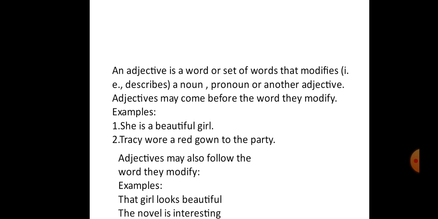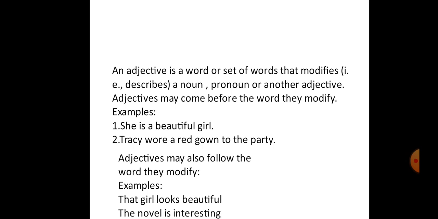The first example we have, she is a beautiful girl. The noun there is girl, and the adjective is beautiful, adding information to the noun girl. The second sentence, red gown. The gown is the noun that the adjective red is adding information to.